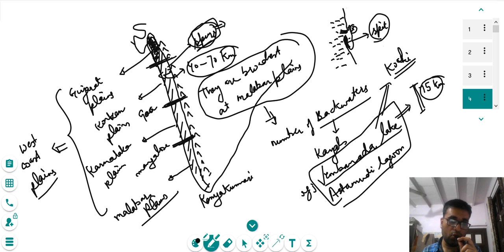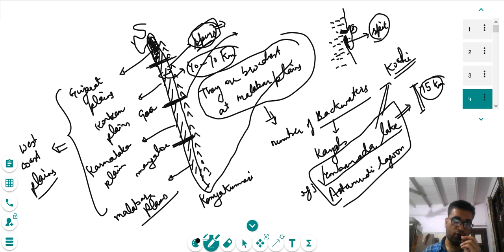For example, at Goa, the Zuari and Mandovi.